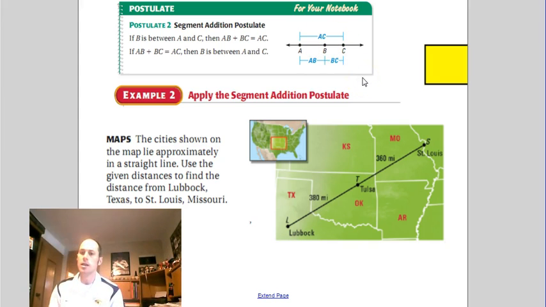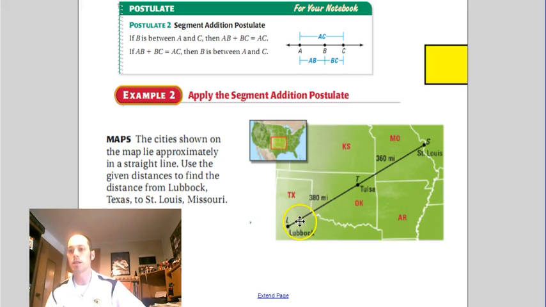If we wanted to apply that in this situation down here, we've got the cities on the map. Tulsa is on a line segment between St. Louis and Lubbock. It is 380 miles from Lubbock to Tulsa and 360 miles from Tulsa to St. Louis. Those are approximate measurements, and it wants us to find the approximate distance from Lubbock to St. Louis.